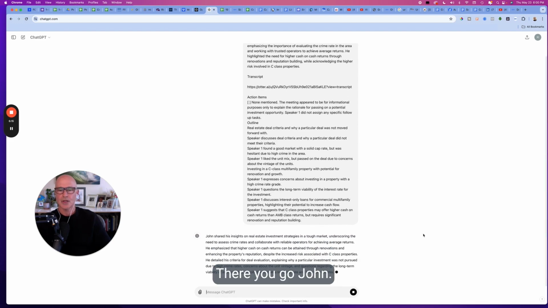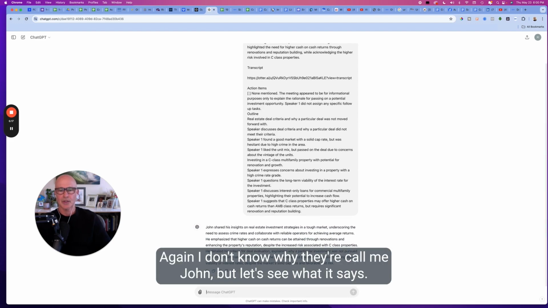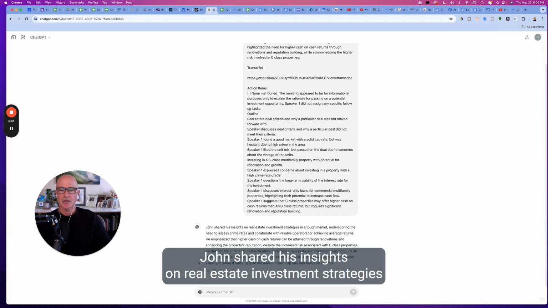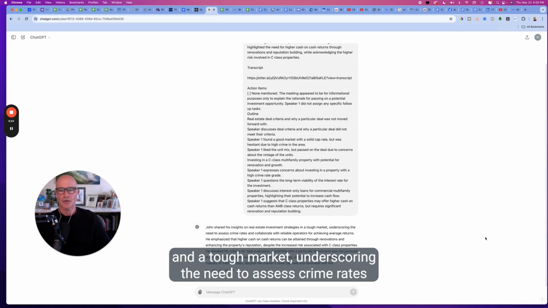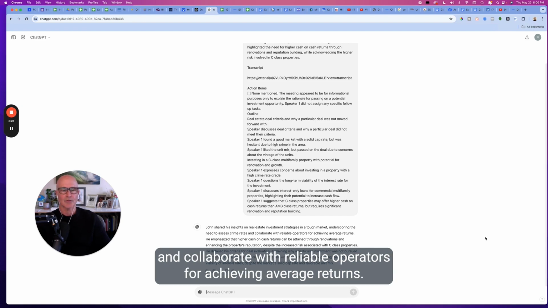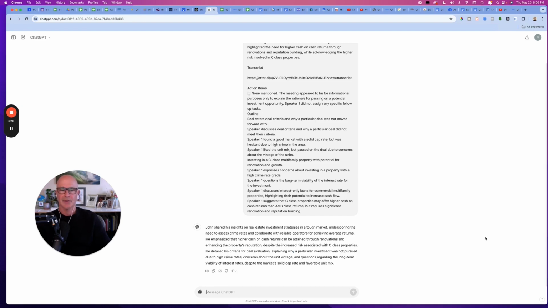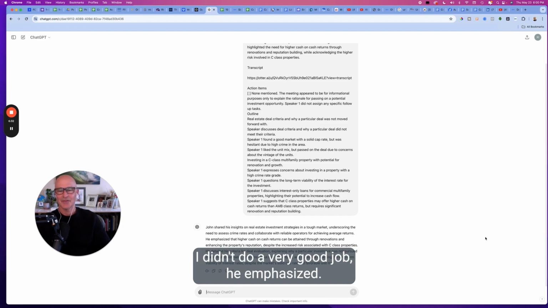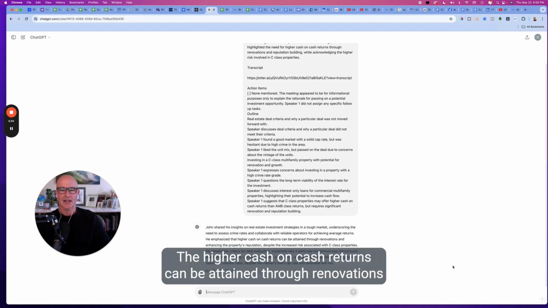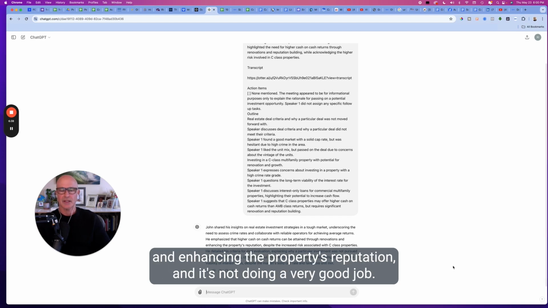There he goes. John, again, I don't know why they're calling me John, but let's see what it says. John shared his insights on real estate investment strategies in a tough market, underscoring the need to assess crime rates and collaborate with reliable operators for achieving average returns. That's not right. I didn't do a very good job. He emphasized the higher cash-on-cash returns can be attained through renovations and enhancing the property's reputation. And it's not doing a very good job.